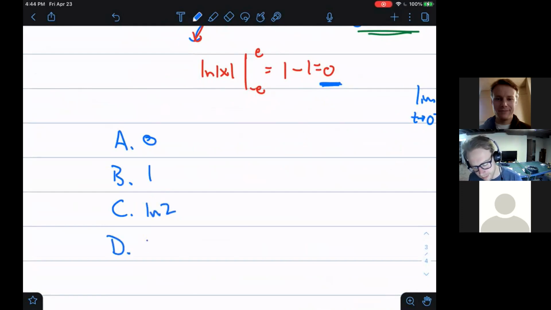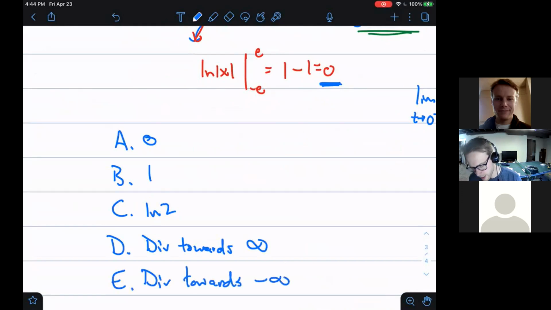D could be that it diverges towards infinity, and E could be that it diverges towards negative infinity. So divergent is just the bin that you put things in when it doesn't go to a finite number. But if you want more specificity about how it diverges, then you could do something like this.